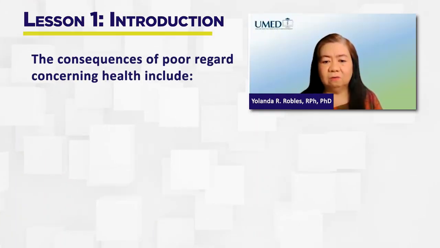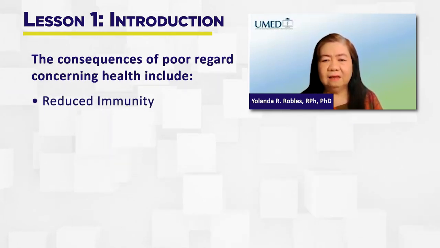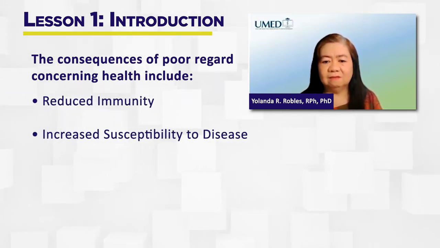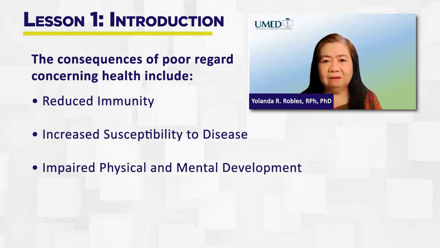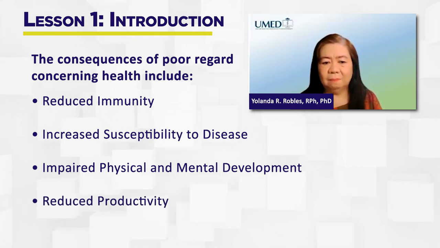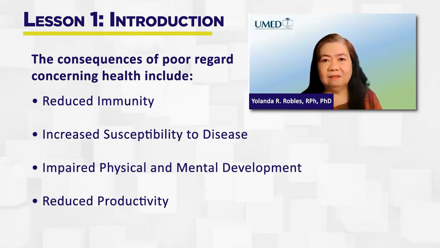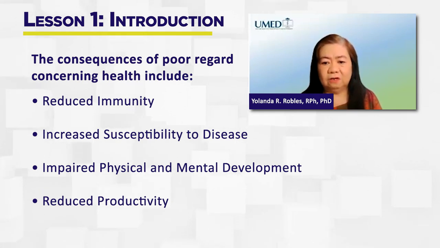Organization. The consequences of poor nutrition include reduced immunity, increased susceptibility to disease, impaired physical and mental development, and reduced productivity. The cumulative effects of poor nutrition, which happen over an extended period, are in the form of under and overnutrition.